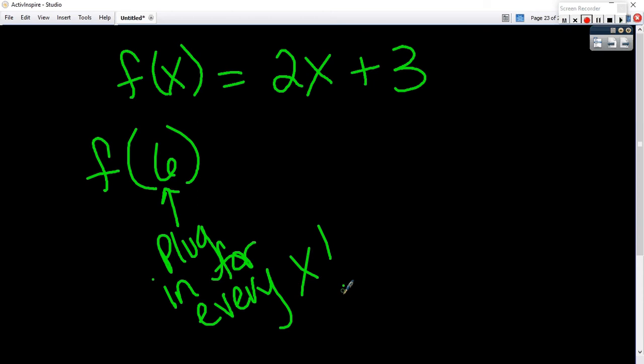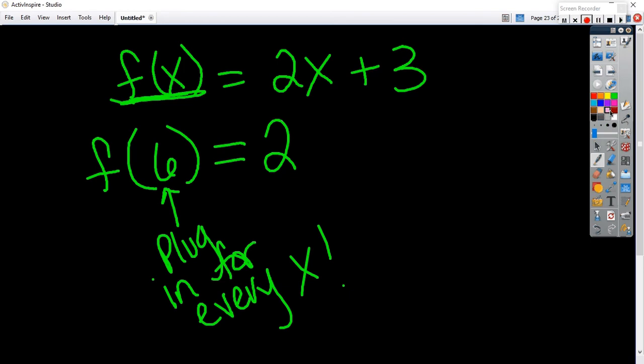So I go back to f of x and I say 2, and instead of an x, I'm replacing it with 6, plus 3. Does that make sense or no? See, the original equation's f of x, right?